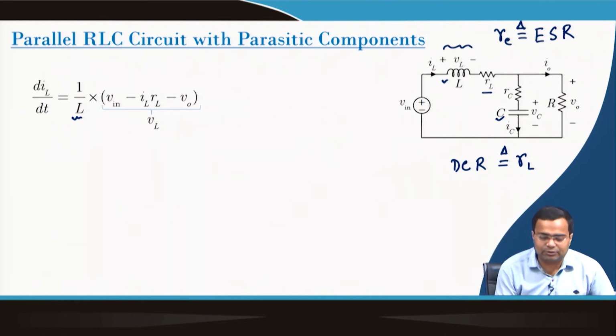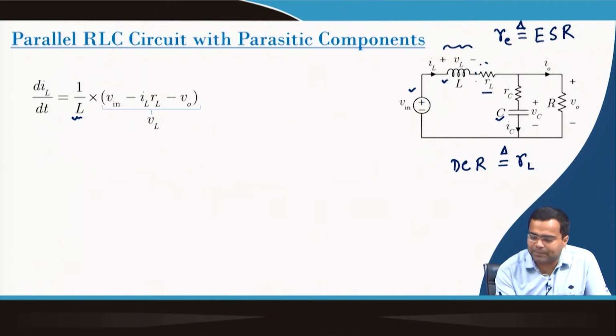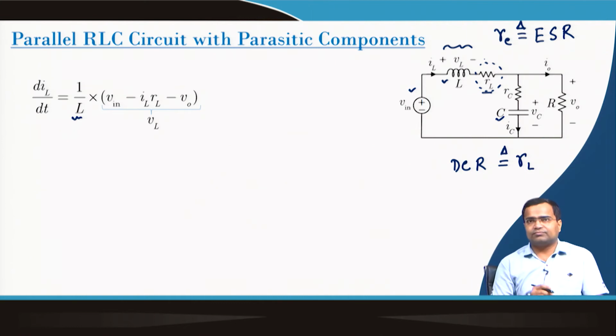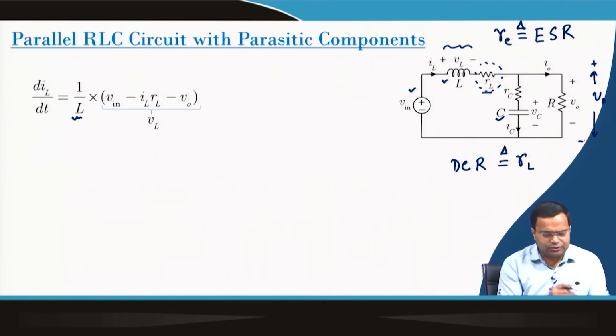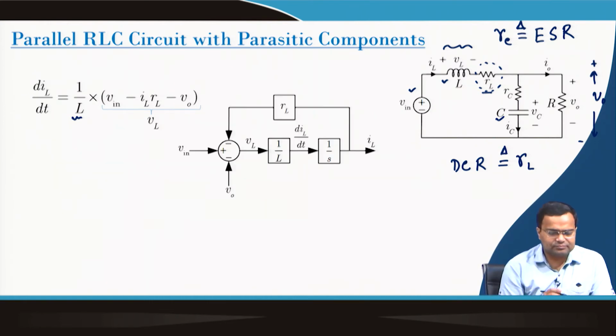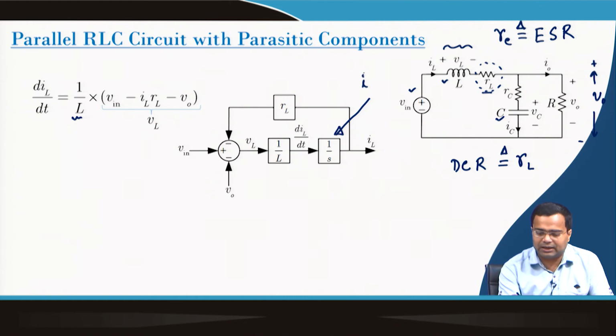This voltage is Vin minus the drop across this resistance, minus the terminal voltage, which is V0. That means we are talking about V0, this terminal voltage. So, this represents VL, and we can implement this circuit because you already know how to plug in this first order differential equation, and here we can set the initial value of the inductor current.